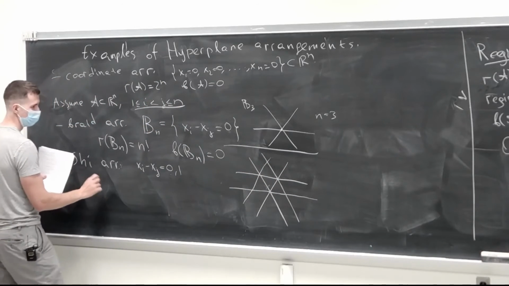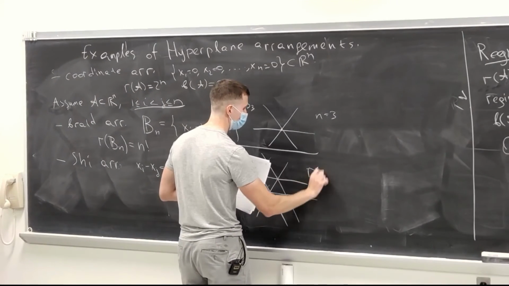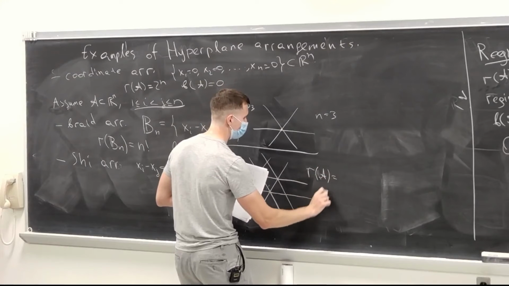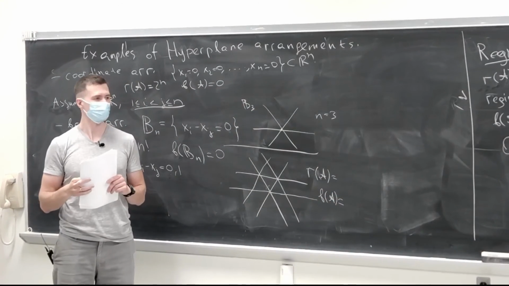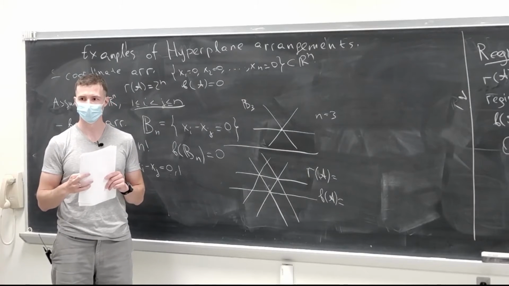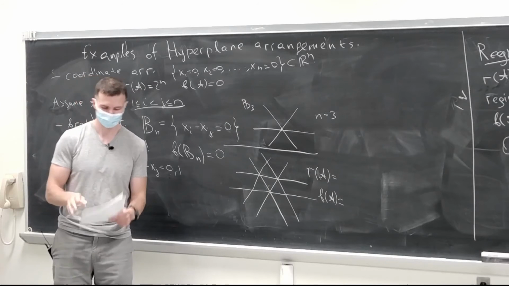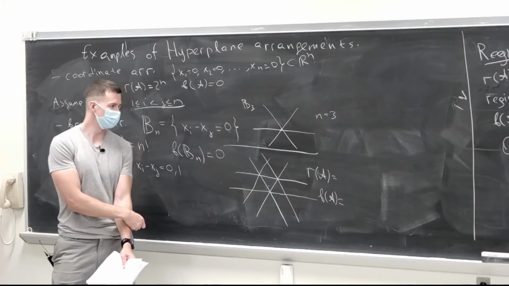So what's the number of regions of this arrangement? And what's the number of bounded regions? 15.